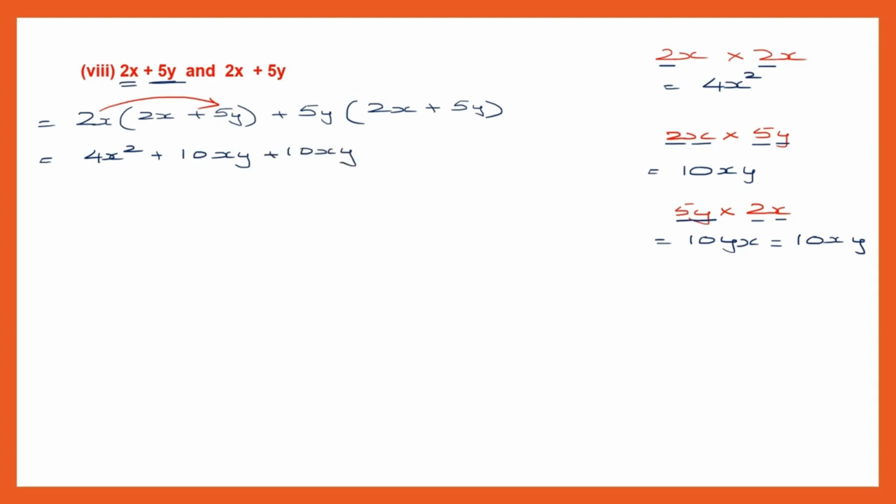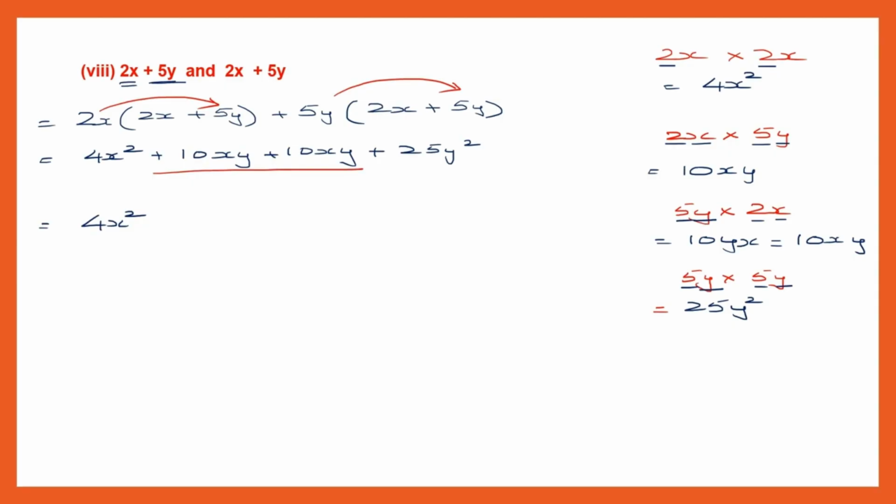So that is over. Now let's multiply 5y into 5y. That will be 5 into 5, that is 25. We have 1y here, 1y there, so y². So this will be plus 25y². Now let's write our answer: 4x², and here we have like terms, plus 10xy plus 10xy.